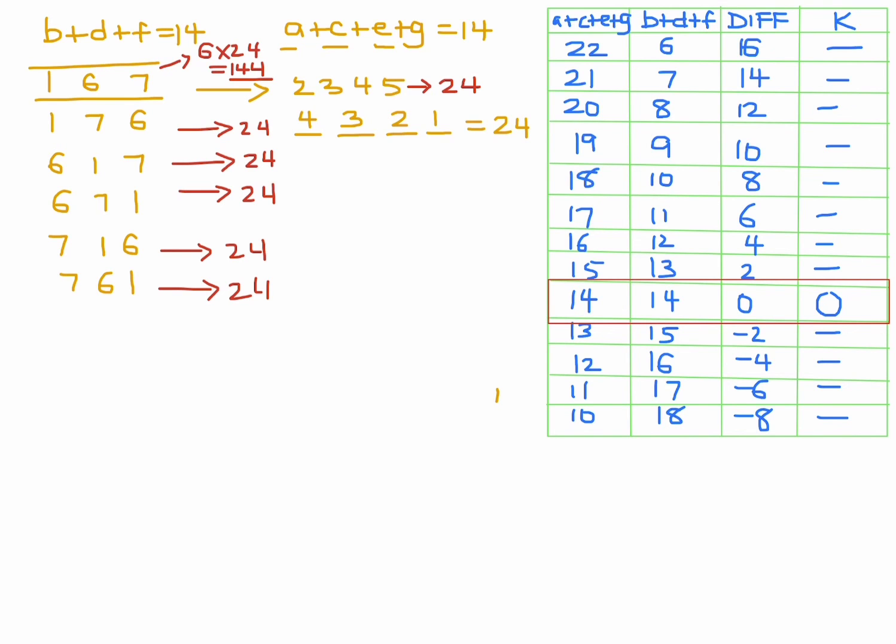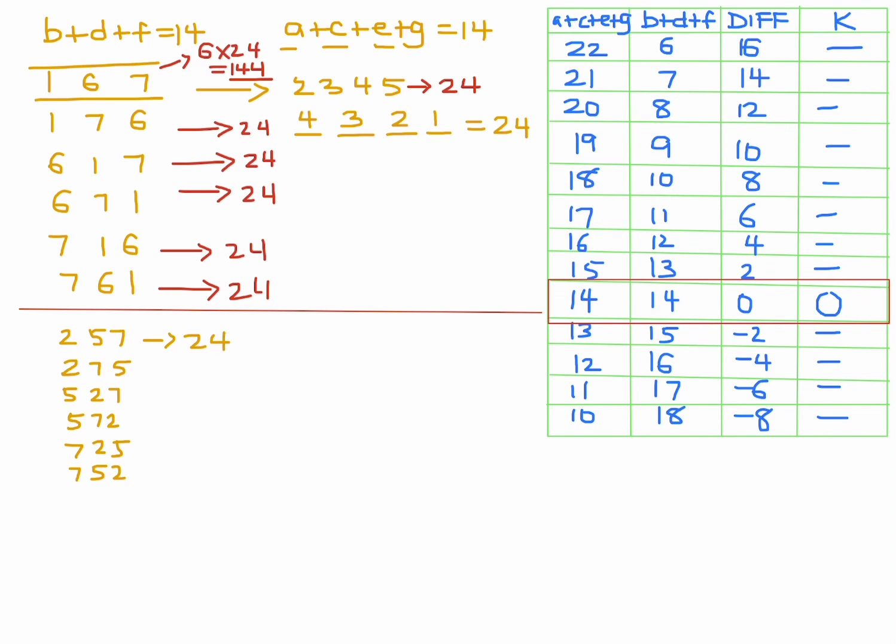So that's probably the most important part of the question, because the rest is pretty much all the same now. Our task is pretty much to figure out how many more of these we have. The next one for B, D, and F, these three guys, is something like 2, 5, and 7. But remember, there's going to be 6 of these: 2, 7, 5; 5, 2, 7; 5, 7, 2; 7, 2, 5; and 7, 5, 2.